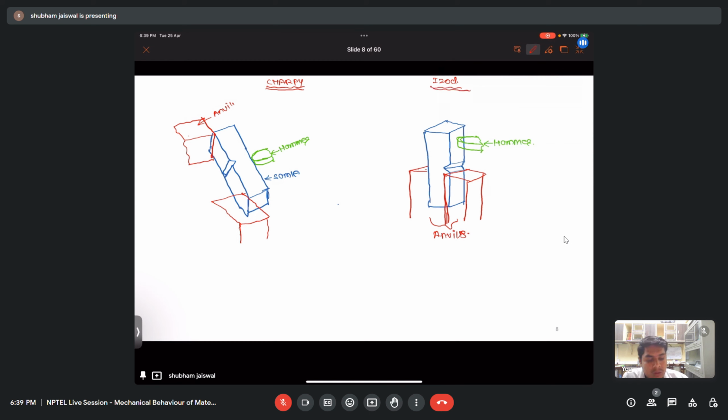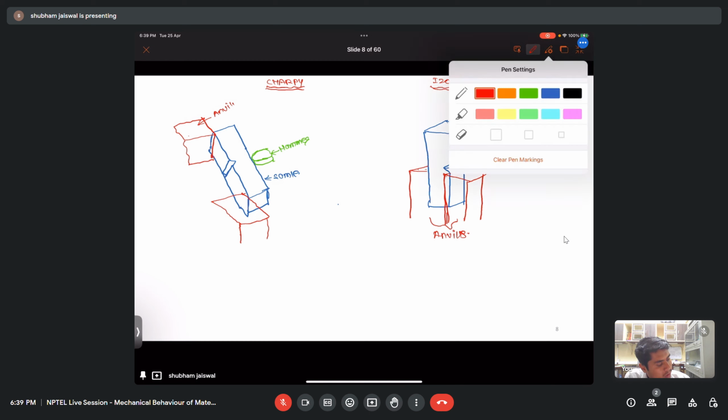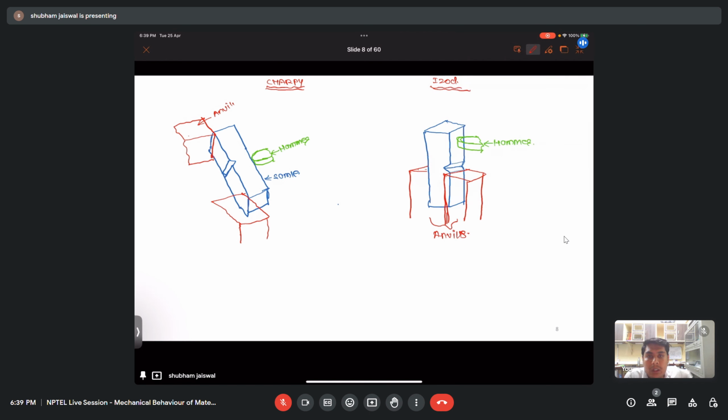Okay, so now this impact test can be performed at different temperatures. Okay, and it will tell the effect of temperature on the impact energy or the toughness of the material. So if we see that the people have done the experiments and they found a graph something like this.